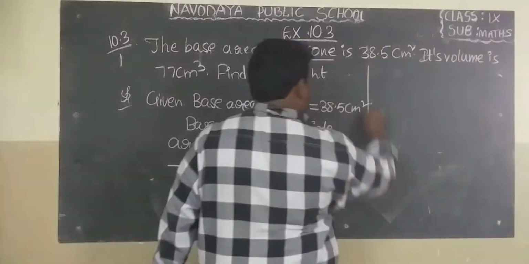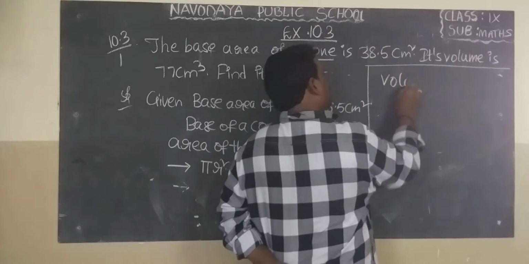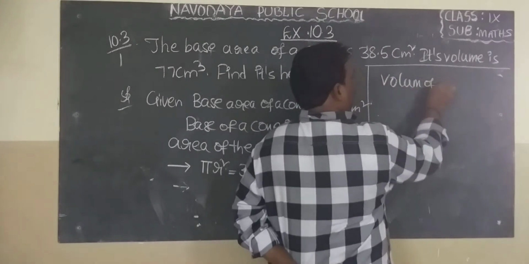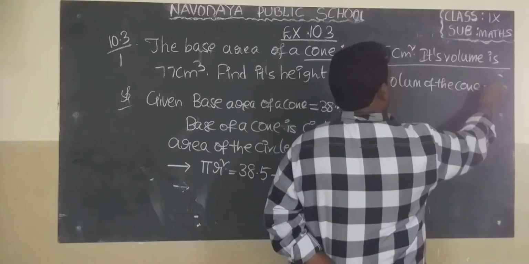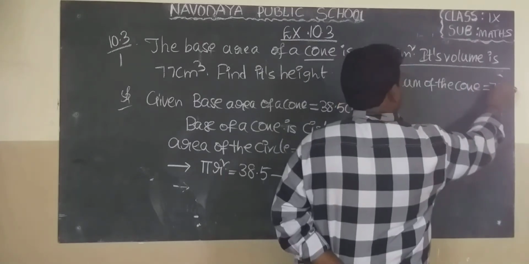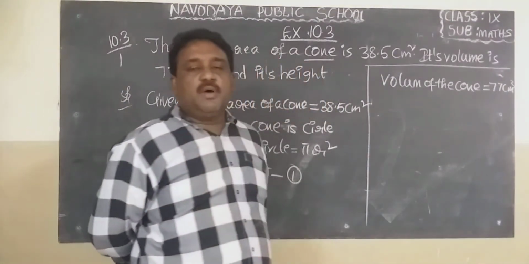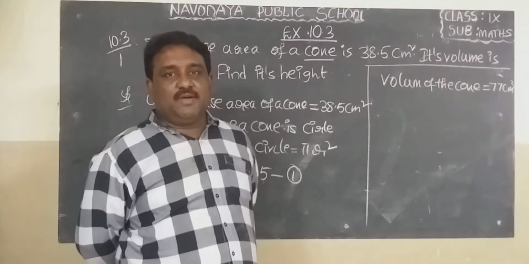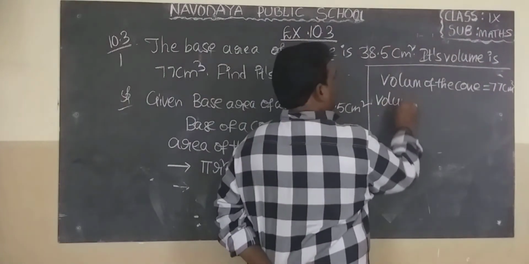Then volume. Volume of the cone equal to 77 centimeter cube. What is the volume of the cone formula?